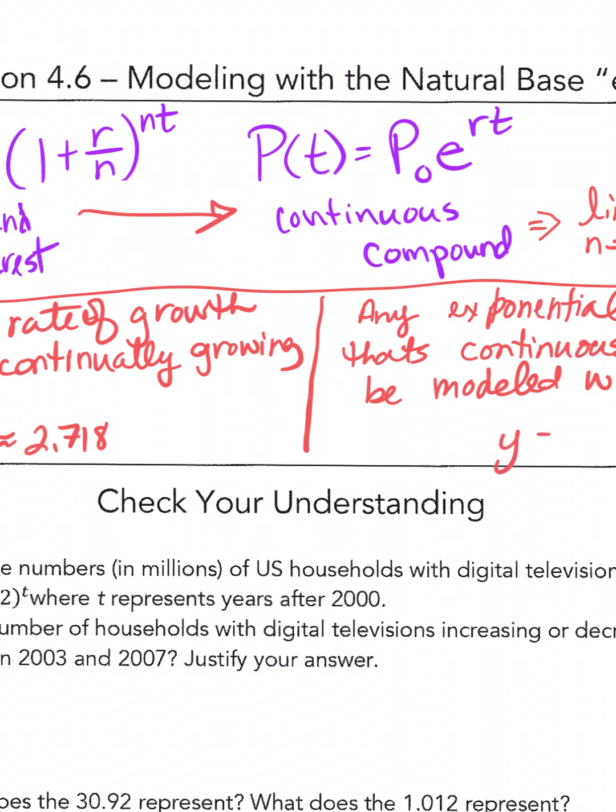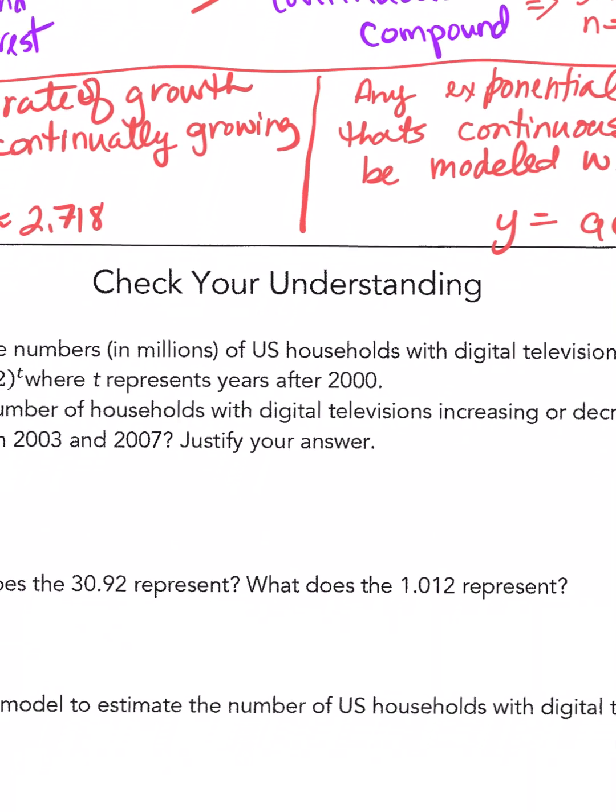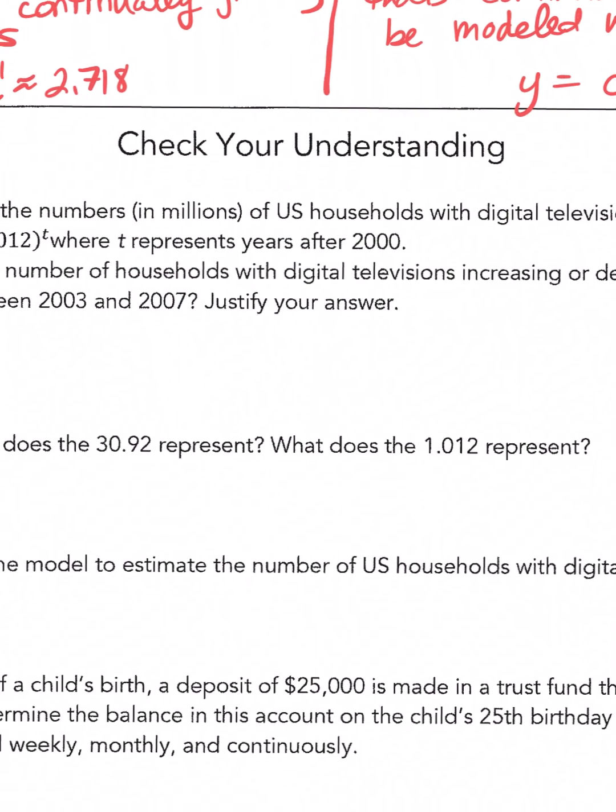Typically we get y equals ae to the kt, okay? So that's a natural thing. E is that natural fit for this exponential continuous growth process.